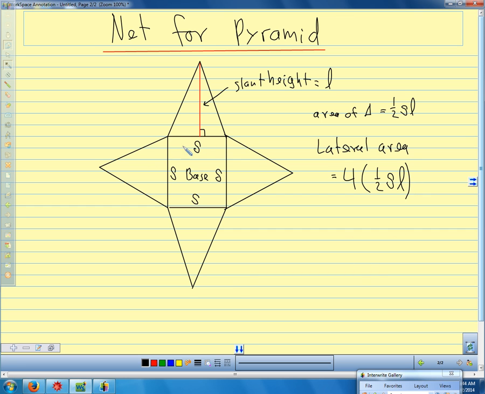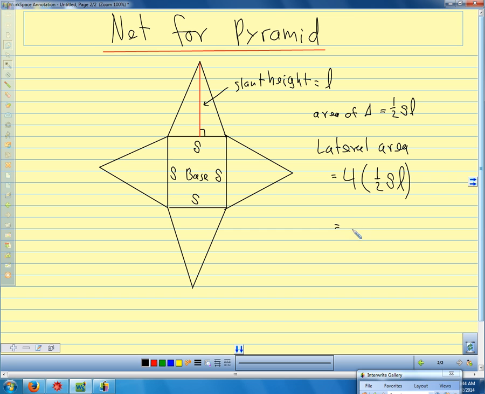Well, a base has 4 sides. Each of them is length S. So if I have 4 S's, what does that tell me about the base? S plus S plus S plus S. I'm adding all the sides of the base together. What do I get when I add all the sides together? The perimeter. 4 times S is the perimeter of the base.